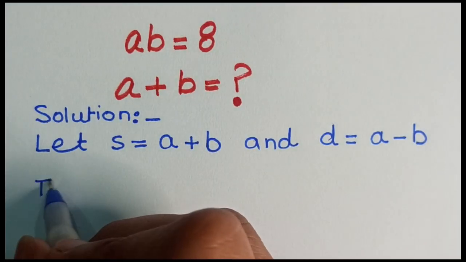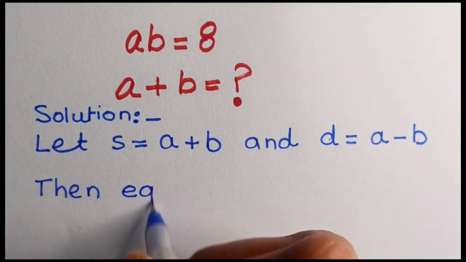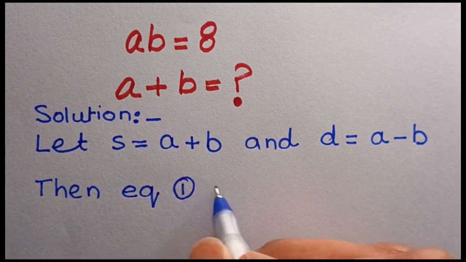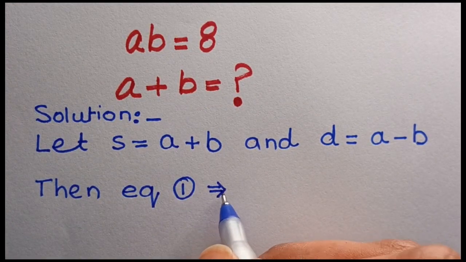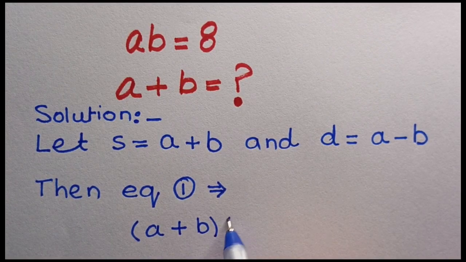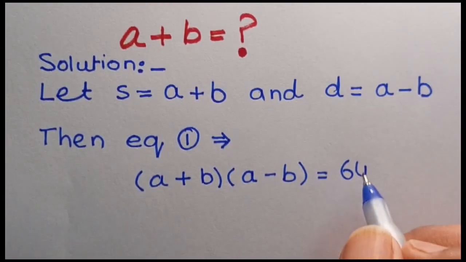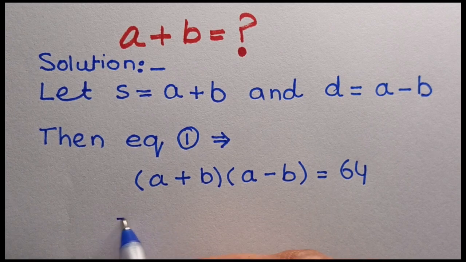Equation number 1, a square minus b square is equal to 64, can be written as a plus b into a minus b is equal to 64. As we know, a square minus b square is equal to a plus b into a minus b.